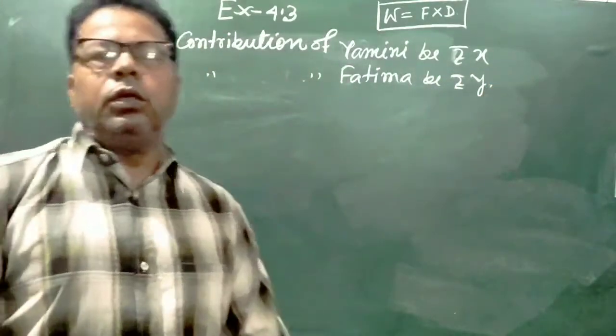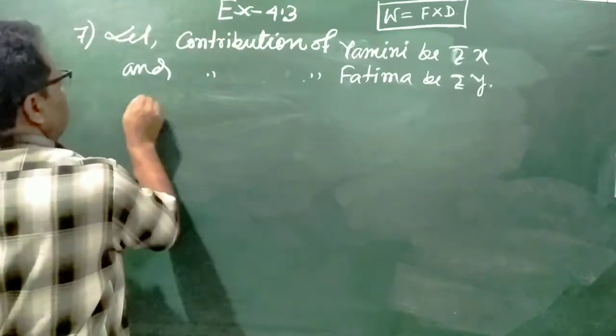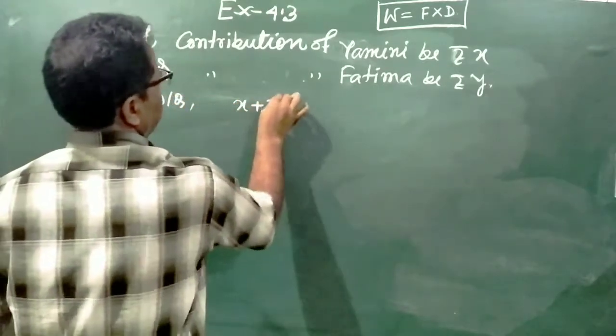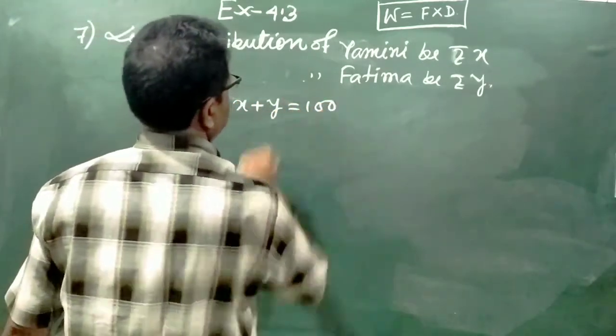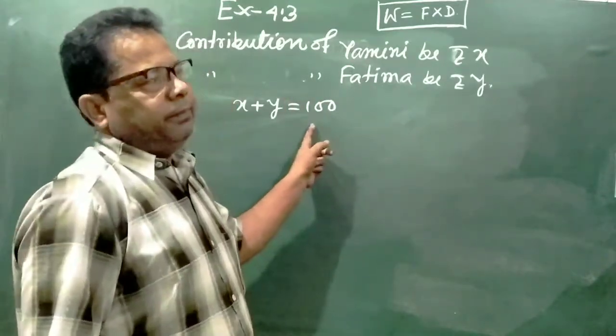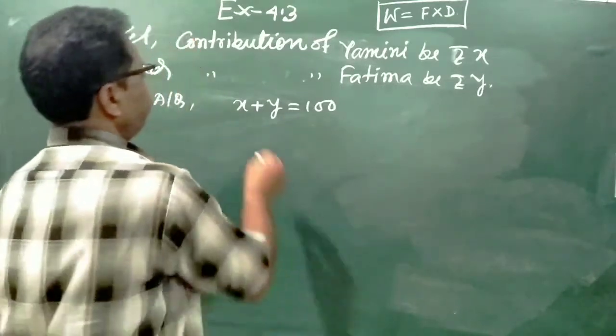Now their total contribution is 100 rupees. Therefore, according to the question, total contribution X plus Y is equal to 100 rupees. Now this is the required linear equation. With the help of this linear equation, we have to draw the graph.